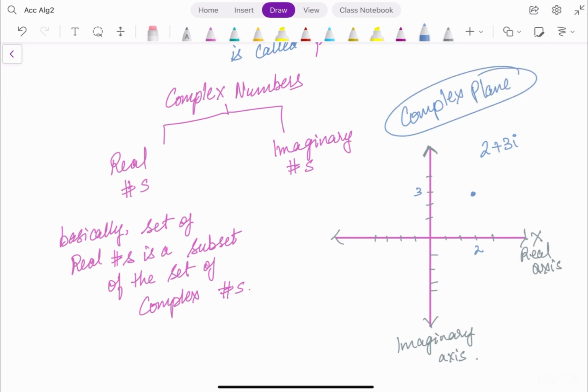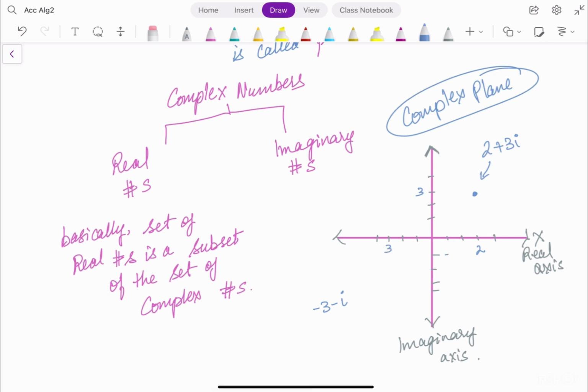To represent 2 plus 3i, we are plotting the point right here. We can take another example also. Let's say -3 - i. Negative i is nothing but -1 times i. So -3, and on the y-axis, -1. So this point represents -3 - i.